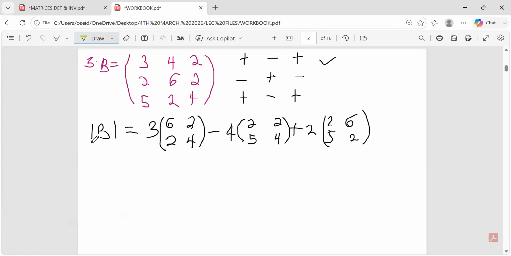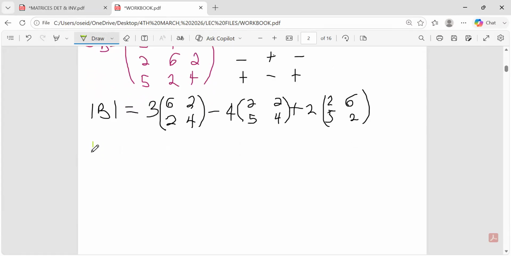So we are going to get that B will be equal to 3 bracket, leading diagonals. So 4 times 6 will give us 24 minus 2 times 4. Then close the bracket.